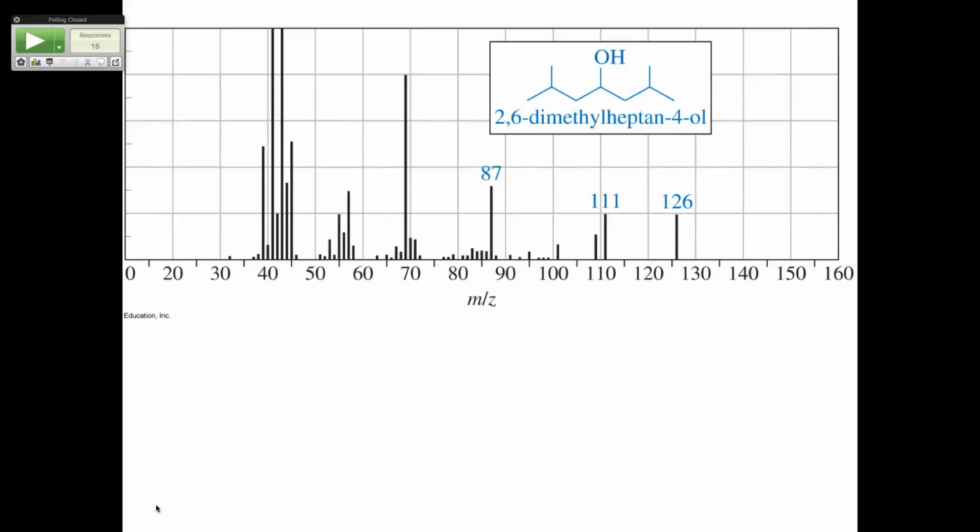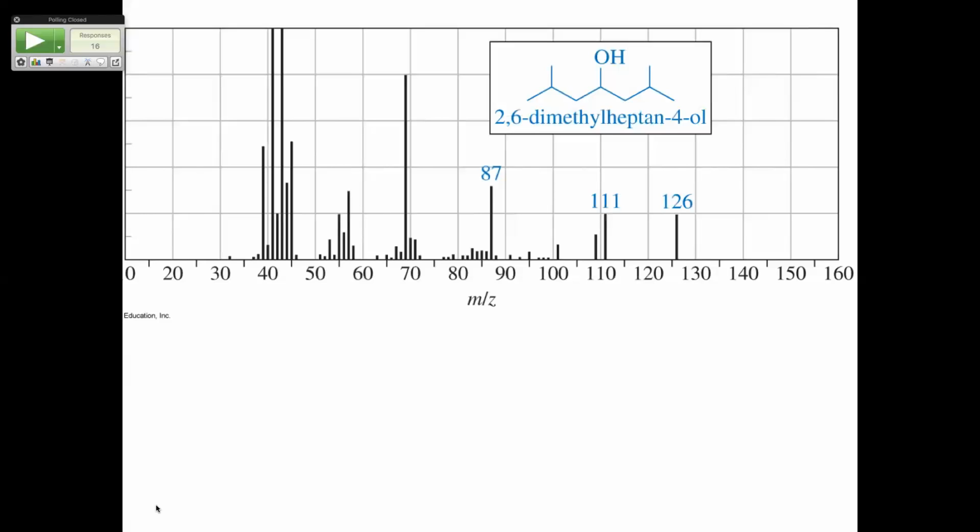How many carbons? 9. How many hydrogens? 20. Anything else? An O.